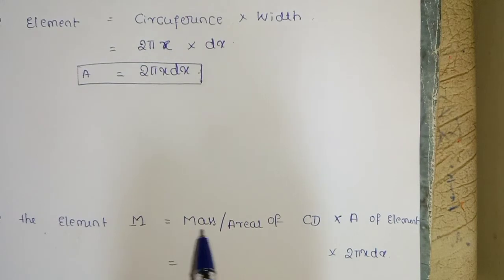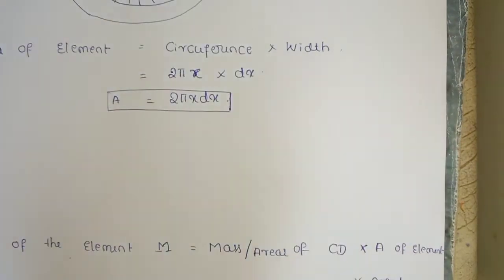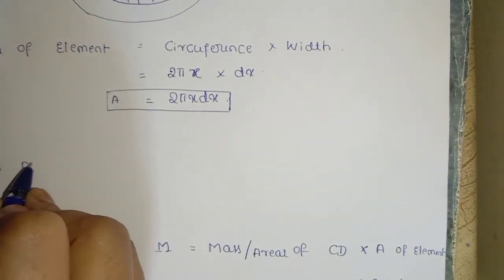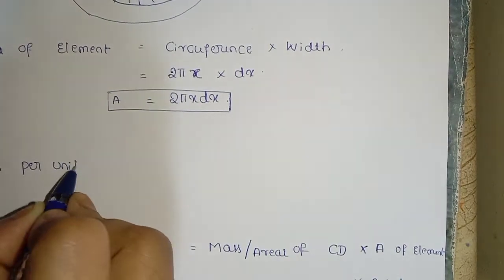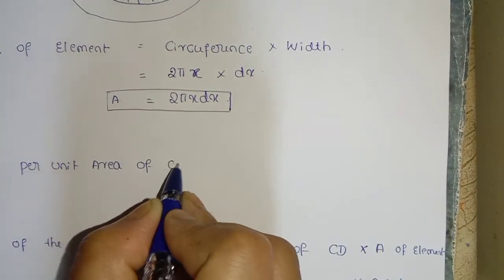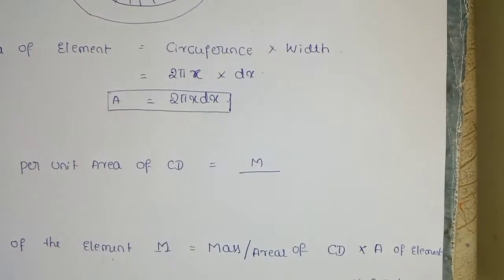What is the mass per unit area of a circular disc? It is mass divided by area.